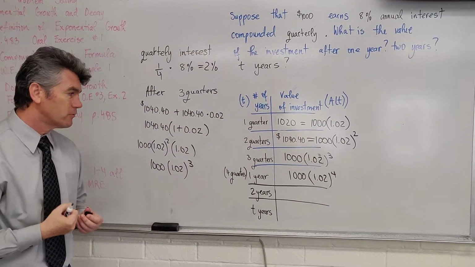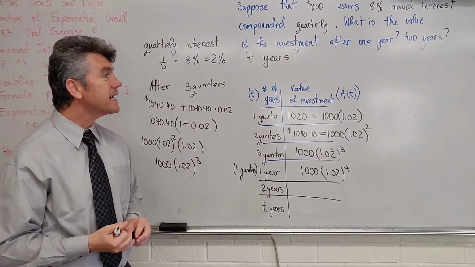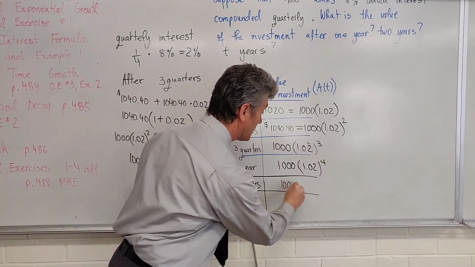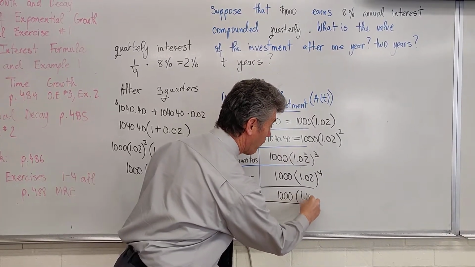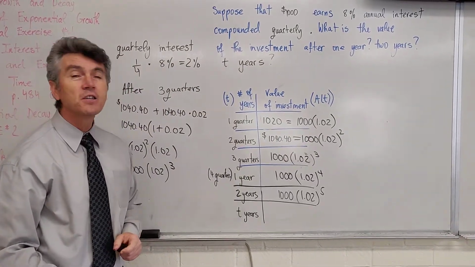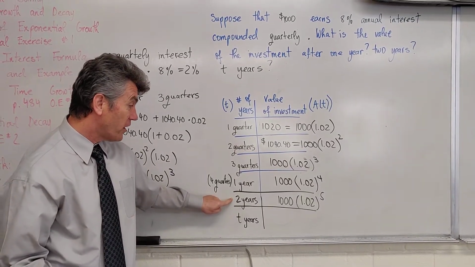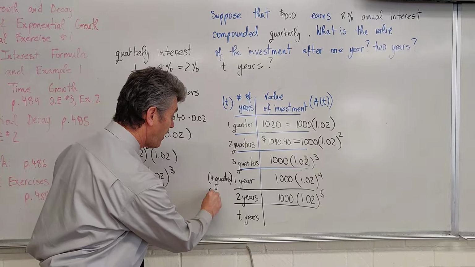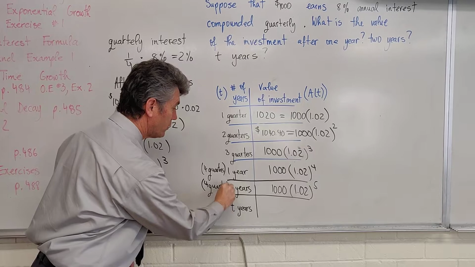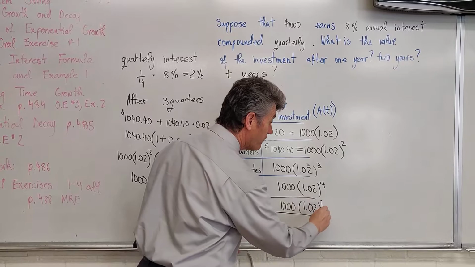Now comes the hard question, which is, what is the amount of money in the account after 2 years? Did you say 1,000 times 1.02 raised to the 5th power? If you did, you were not thinking. Because how many quarters are there in the second year? There's another 4 quarters. So during the second year, you actually compound interest another 4 times.